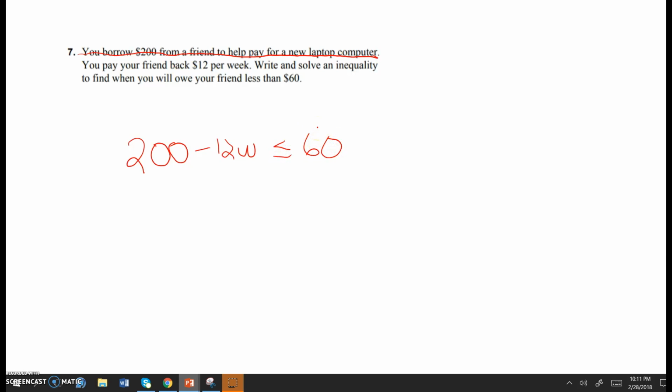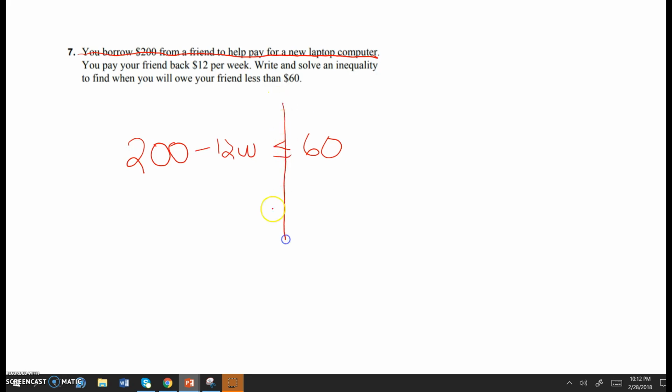So for this one, set up an inequality. 200 minus 12 times w, w standing for weeks, because over many weeks you get times 12, has to be less than 60. So we're trying to get w by itself, and we're going to solve it.